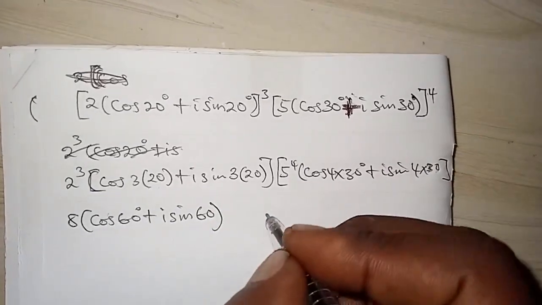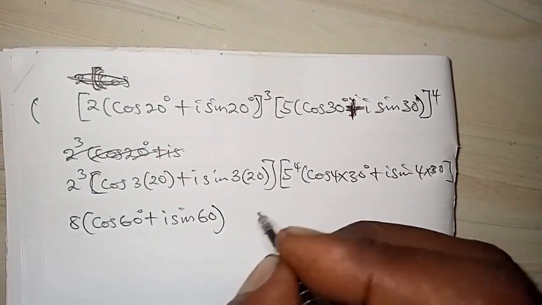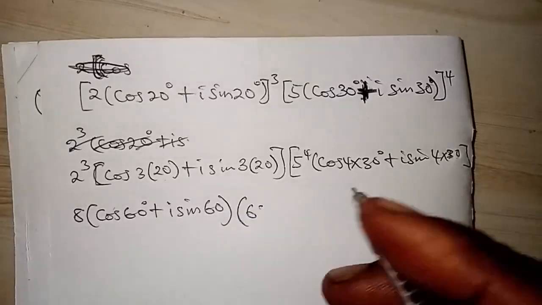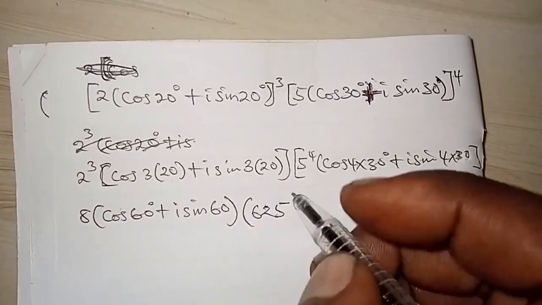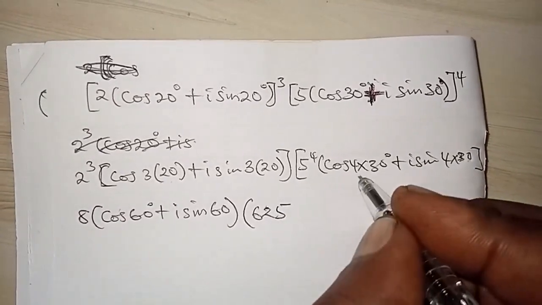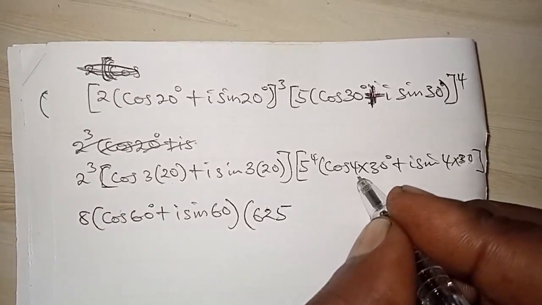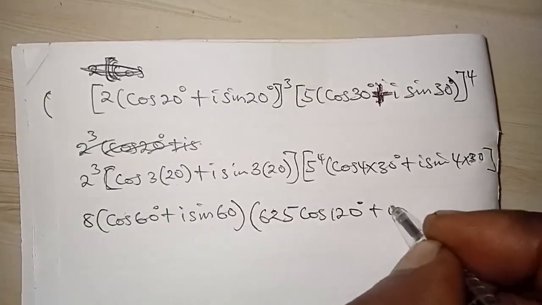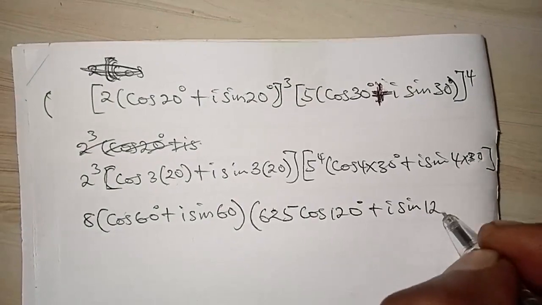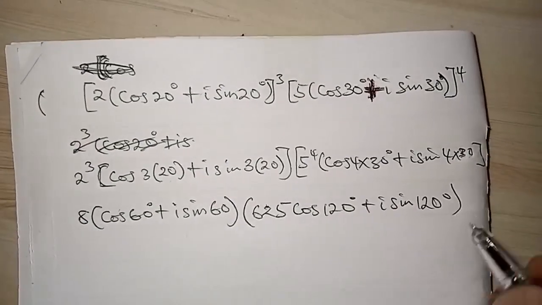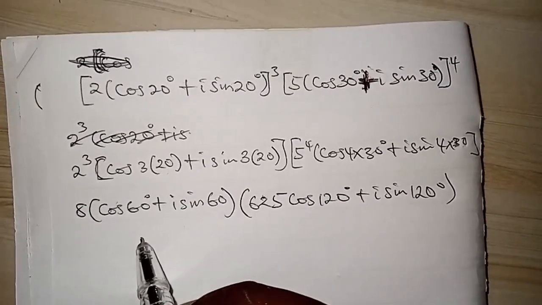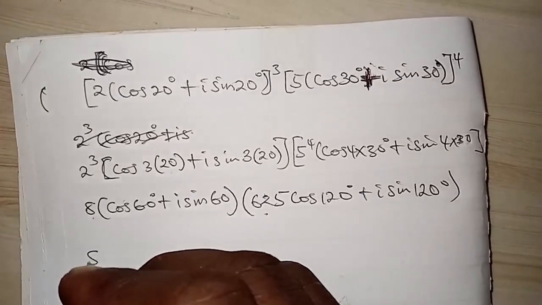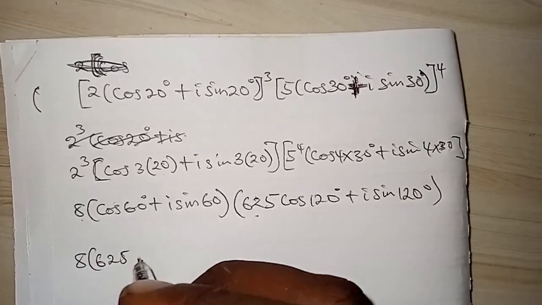On this other part, we have 5 raised to power 4, which gives us 625, and then cos of 30 times 4, which gives us 120: cos 120 plus i sine 120. Once we have this, remember we multiply those that are outside, which is 8 times 625.